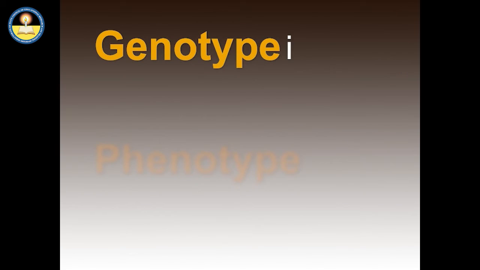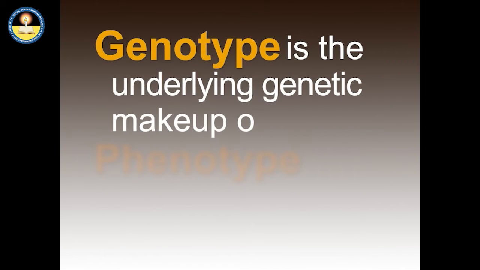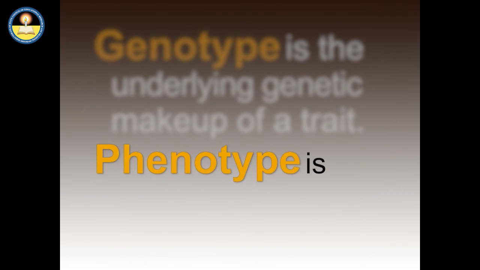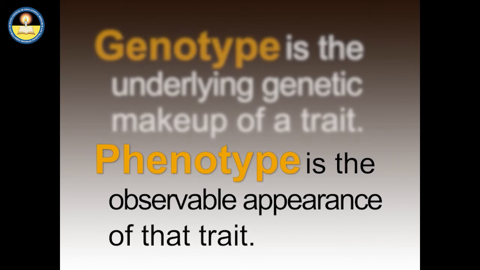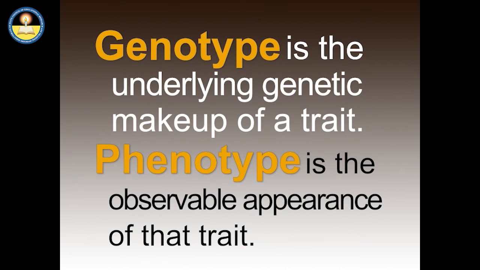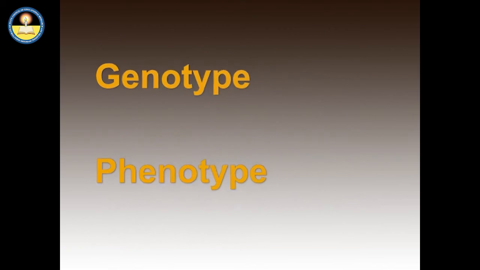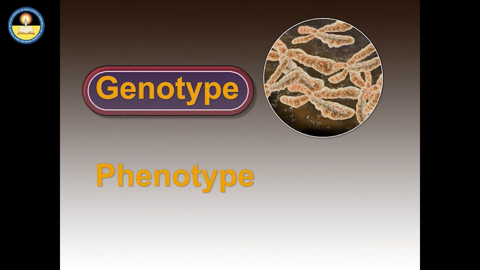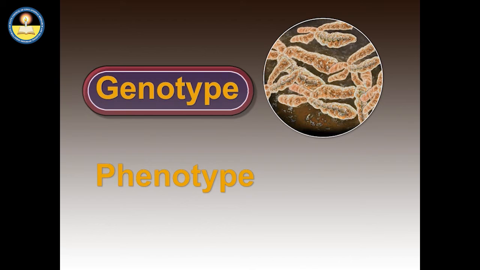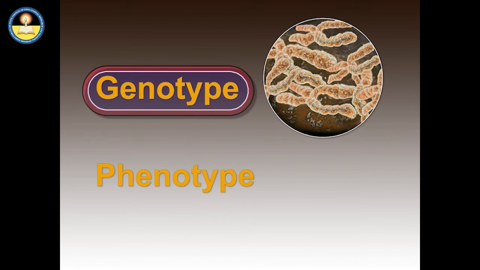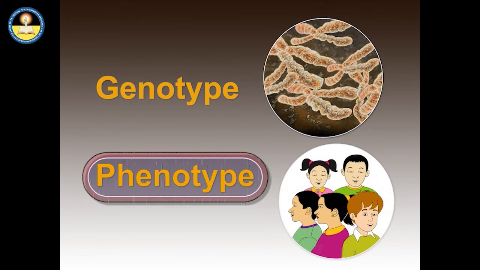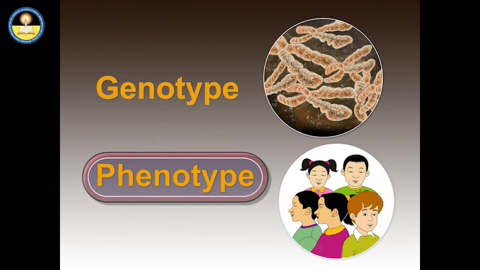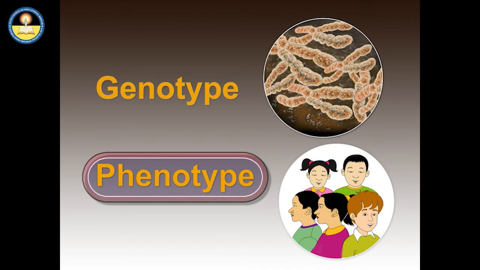Genotype is the underlying genetic makeup of a trait. Phenotype is the observable appearance of that trait. The term genotype is also used for the overall genetic makeup of an individual, and phenotype for the overall appearance of an individual.